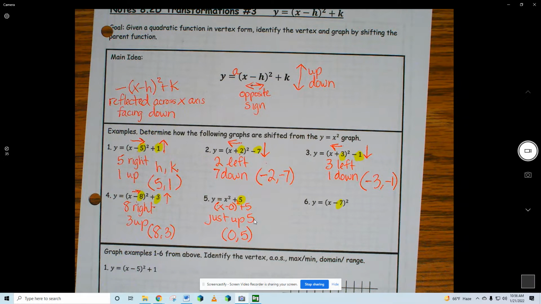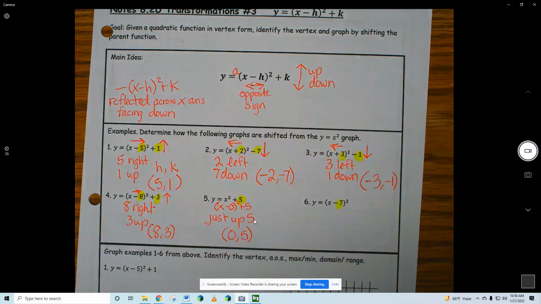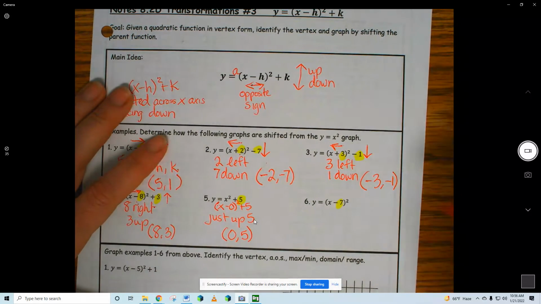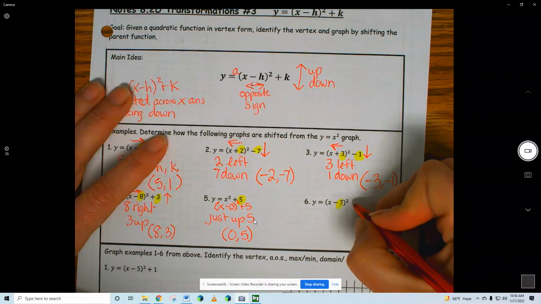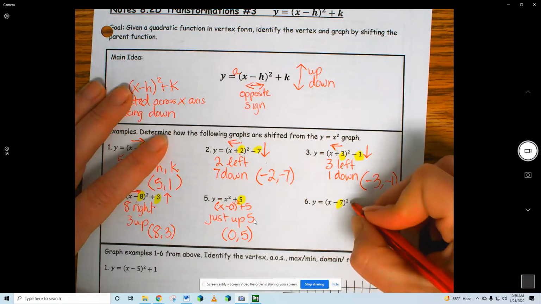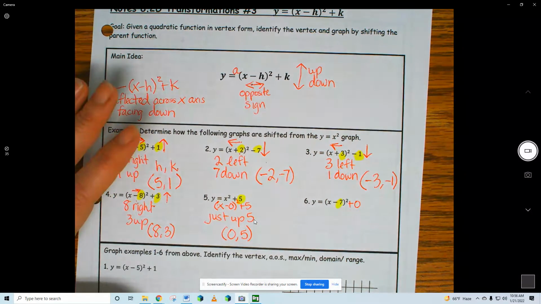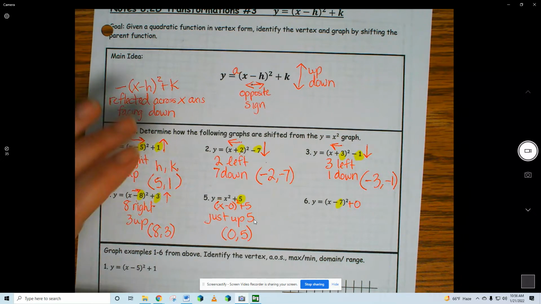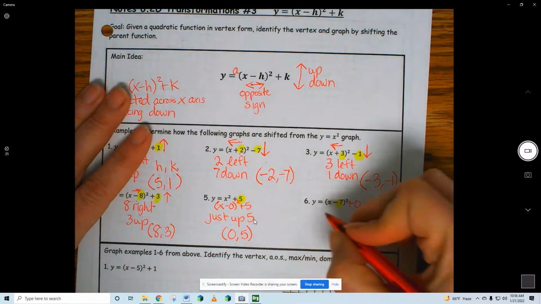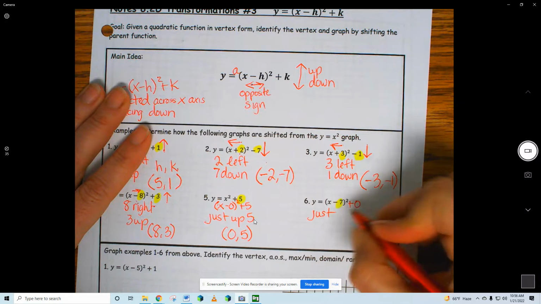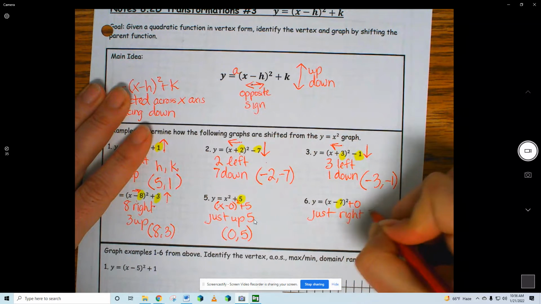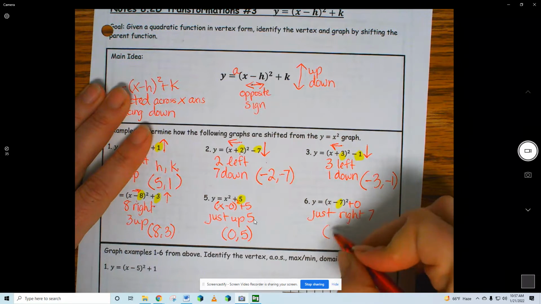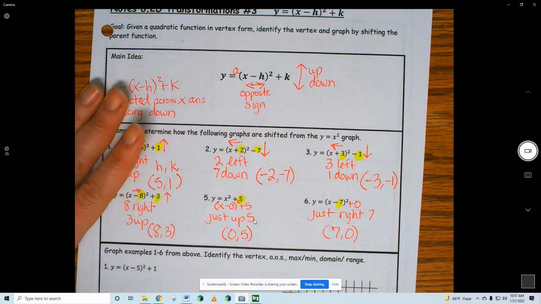Last one. There is no k. There's just an h. So it'd be like plus 0. But what math person is going to write plus 0 at the end of everything? So just write 7. 7, 0.